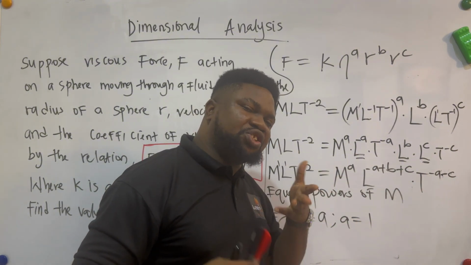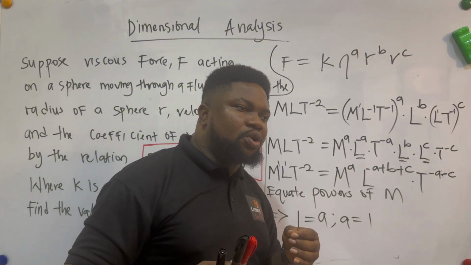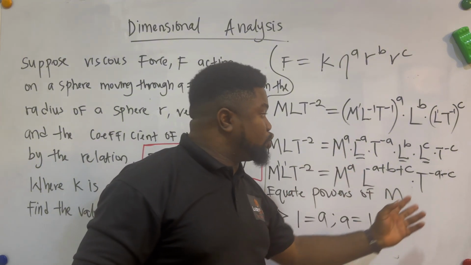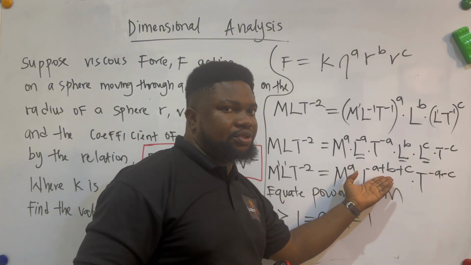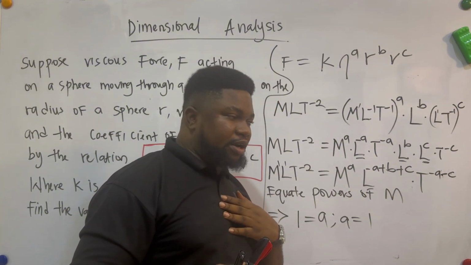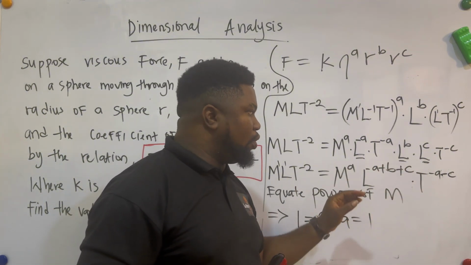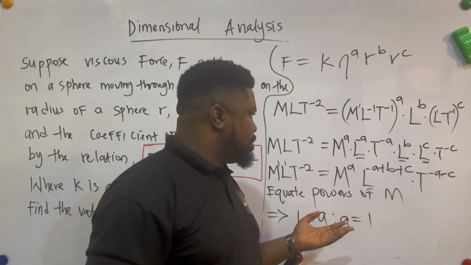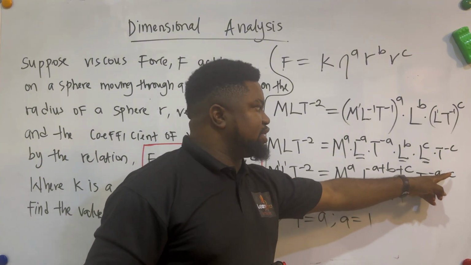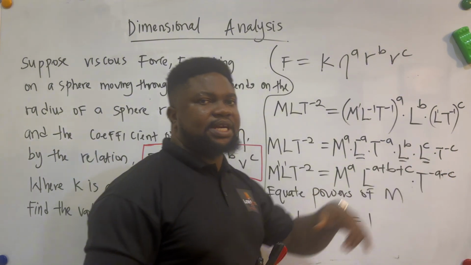It will be easier for 2 variables than 3 variables. That's why myself, I will equate for T before equating for L. Already we have A. So C will be easy to obtain.